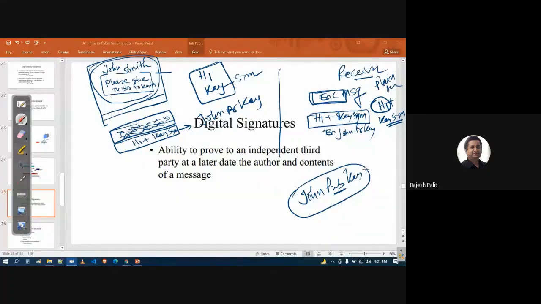Otherwise, using your public key, I won't be able to decrypt the H1 and symmetric key. So this is the digital signature, how a receiver can check the originality of the message and also authenticate the sender. If John is not the sender, the receiver will not be able to decrypt using John's public key.